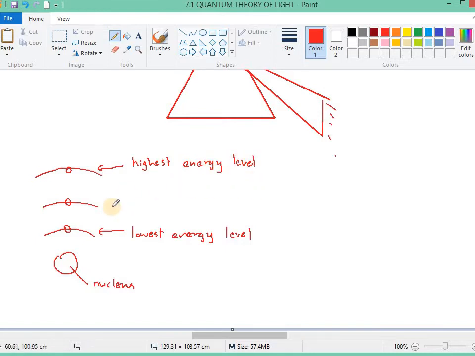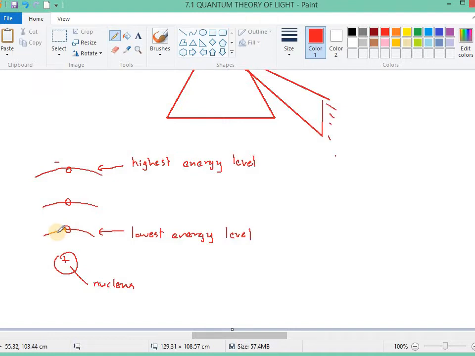Why is it like that? Because the nucleus has protons, and protons are positive, while electrons are negative, so they attract each other. If you are nearer to the nucleus, the amount of energy you have is less, because you are being pulled nearer to the nucleus.